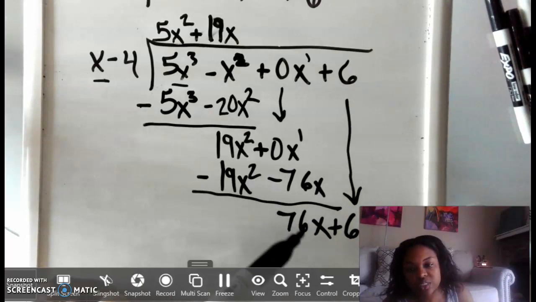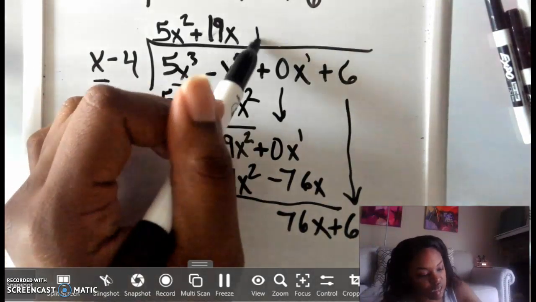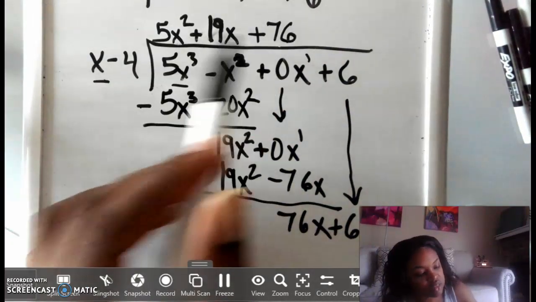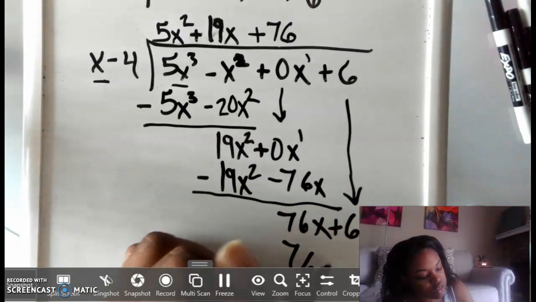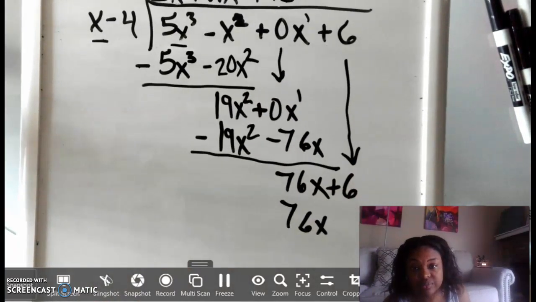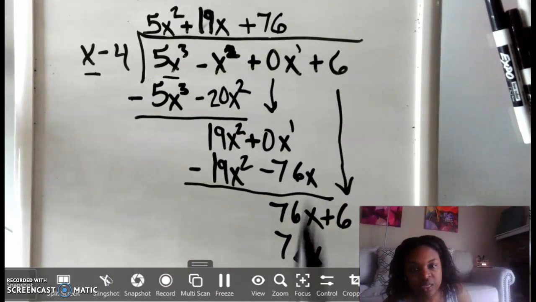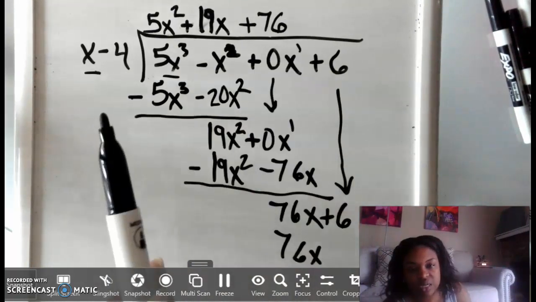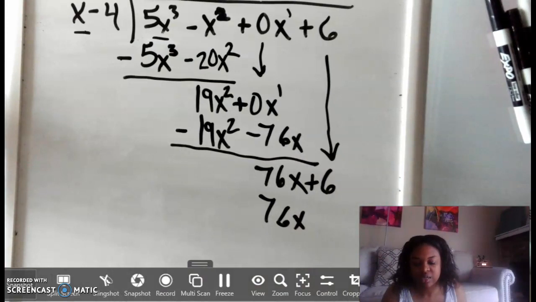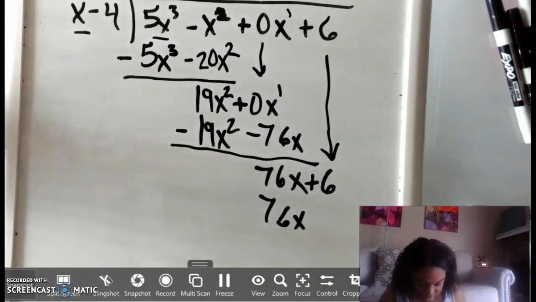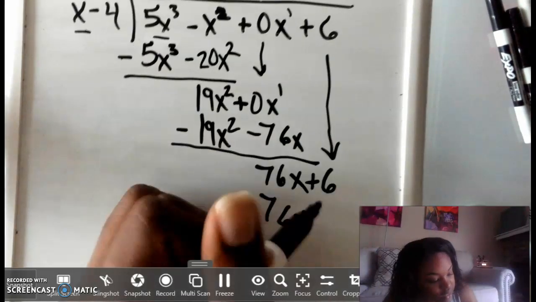So x will go into 76x 76 times. 76 times x is 76x. And then 76 times -4. Again, I need the calculator. 76 times -4 is negative 304.